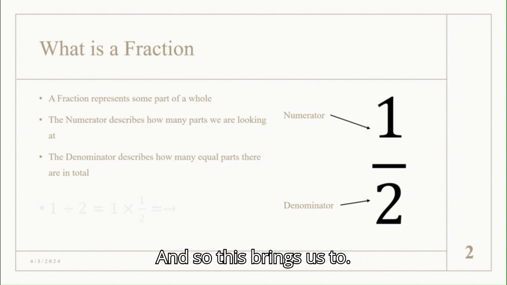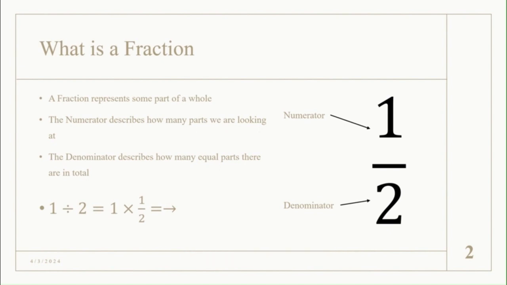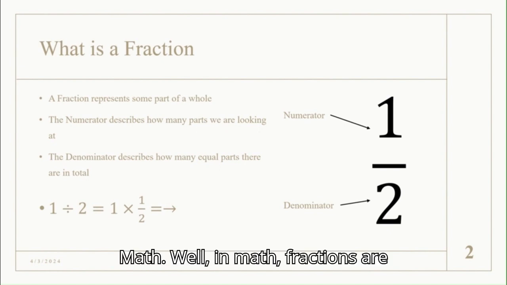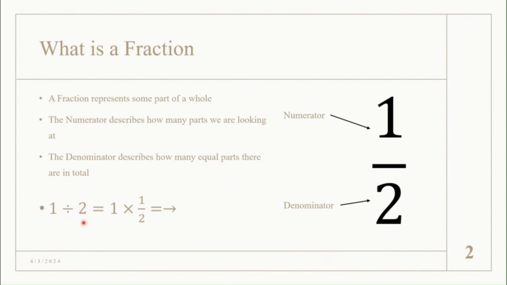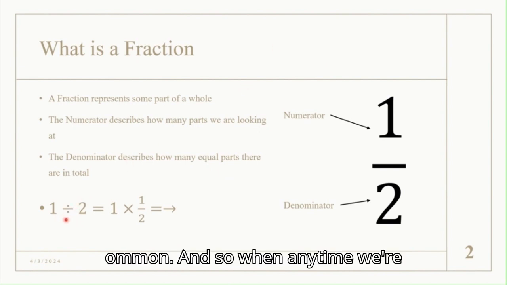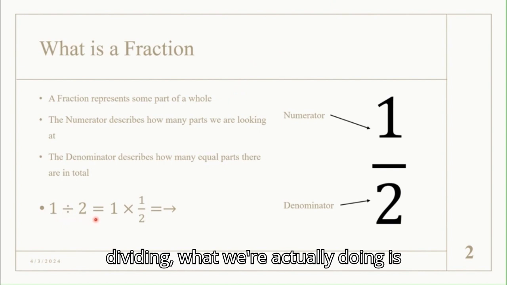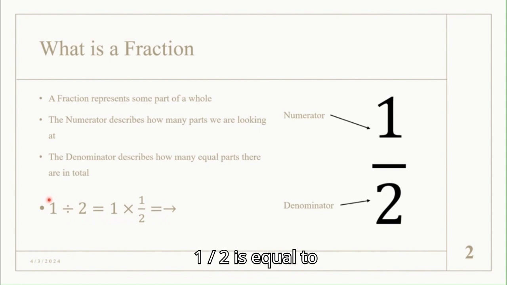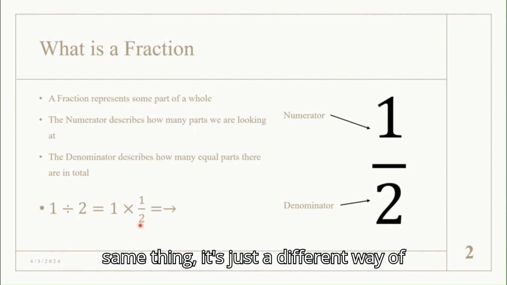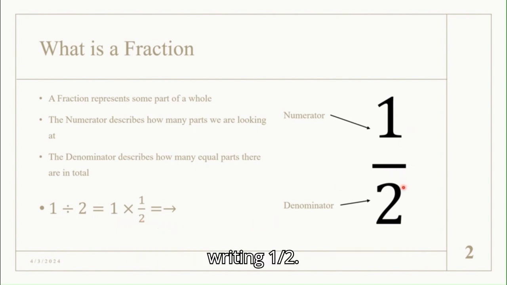And so this brings us to math. In math, fractions are actually quite common. Anytime we're dividing, what we're actually doing is multiplying by a fraction. So 1 divided by 2 is equal to 1 times 1/2. It's the same thing, just a different way of writing it.